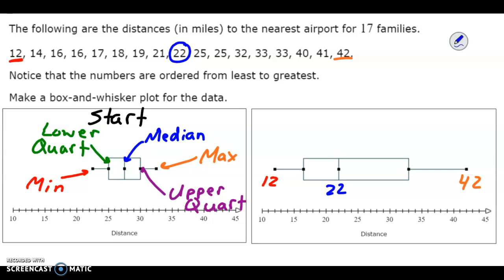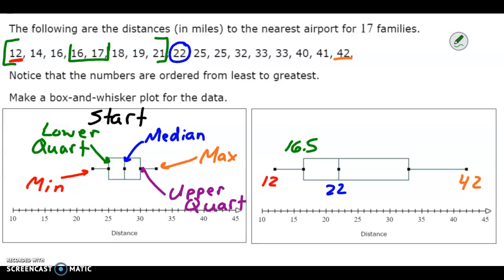And then the quartiles, remember, are the median of each half. So there's 8 values going on here. So we've got 1, 2, 3, 4, 5, 6, 7, 8 values on the left-hand side. So the 4th and 5th values are in the middle. You would have to find the average of those two. So what's in between 16 and 17? That's going to be 16 and a half.